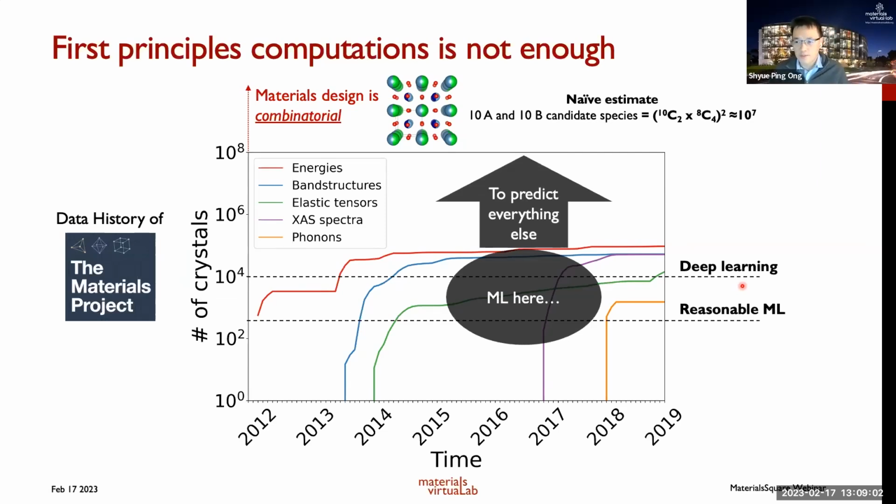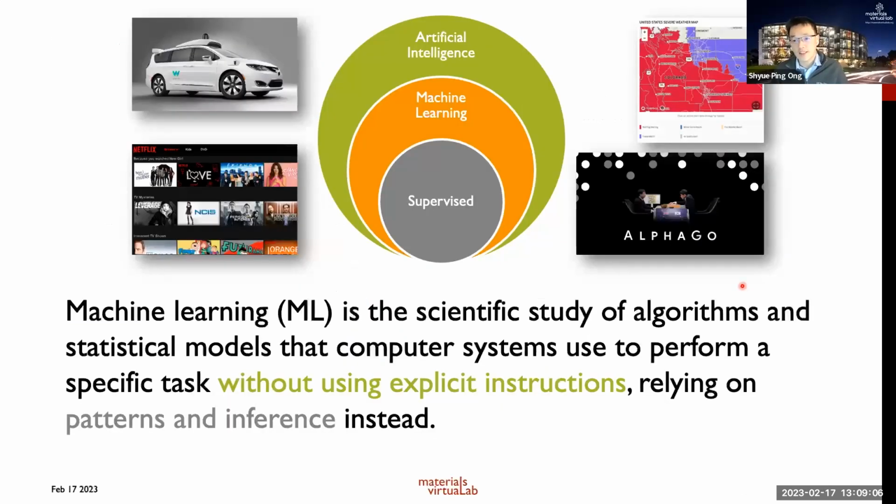All right. Most of you have probably heard about machine learning, but just in case there are some of you who are not too familiar with it, machine learning essentially is the scientific study of algorithms and models that allow a computer to perform a task without explicit instructions, right? So instead, usually what you do is give the algorithm the data.